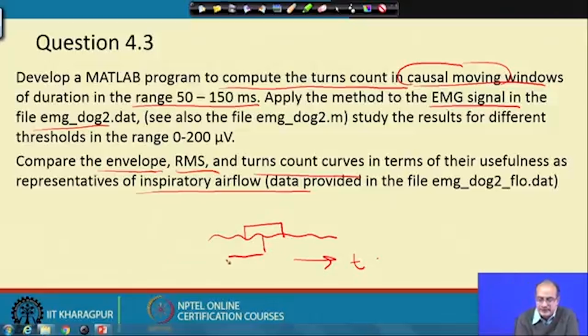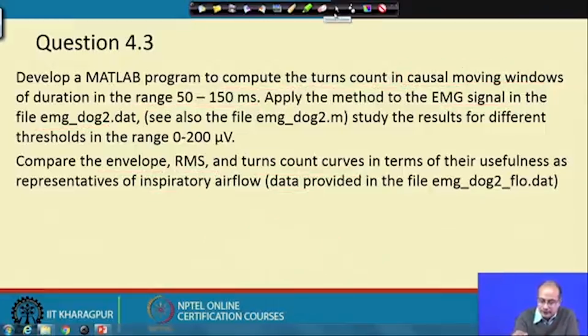So, we need to restrict to the signals of the present and the past. So, the moving window or MA filter should take care that it is a causal one. That will help us have a real time implementation, because in real time we can't expect that the future samples should be available.